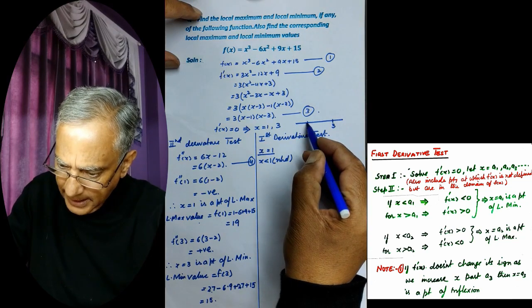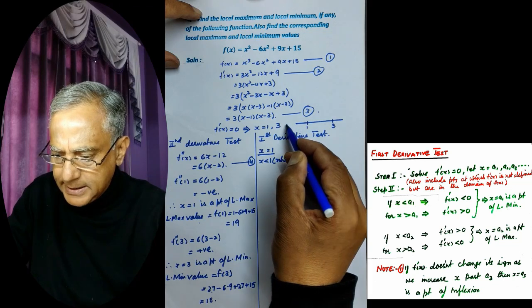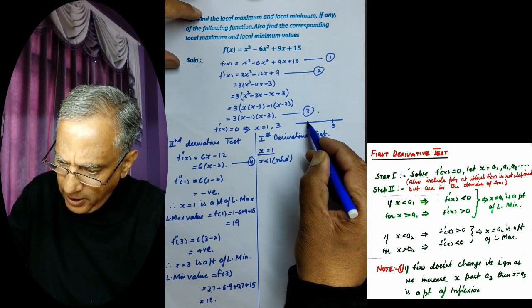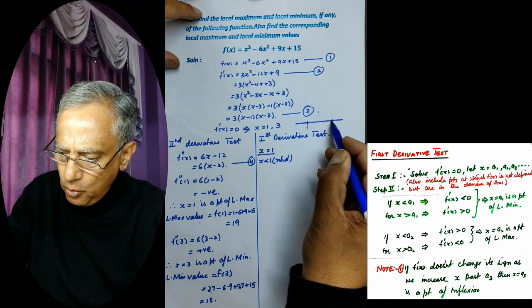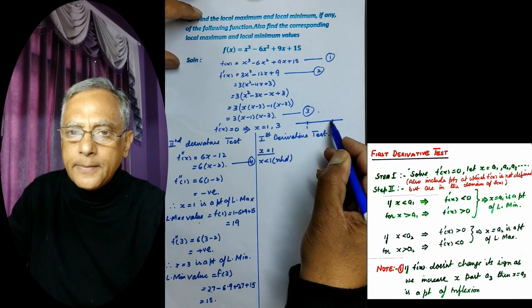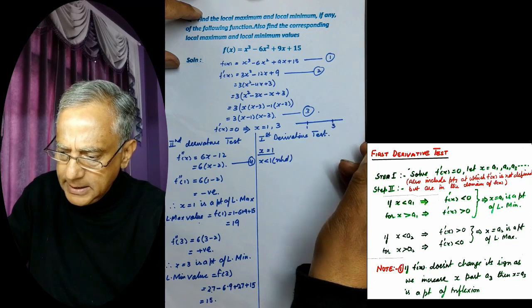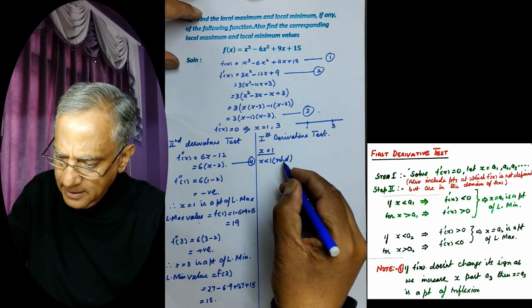So, in x less than 1, in this neighborhood, it will have the same sign as it will have throughout this interval. In right neighborhood of 1, it will have the same sign as in this interval. In left neighborhood of 3, it will have the same sign as from 1 to 3. And in right neighborhood of 3, it will have the same sign as in this interval. So, x less than 1.